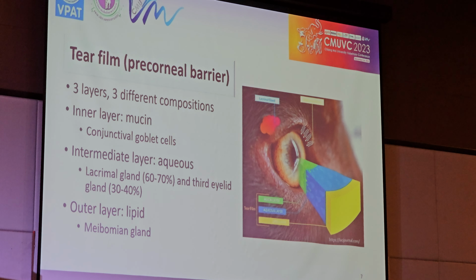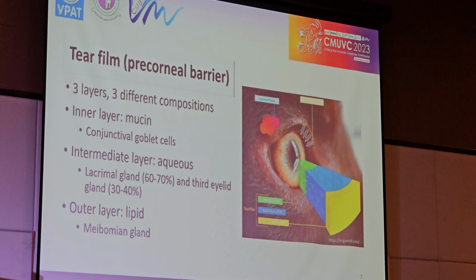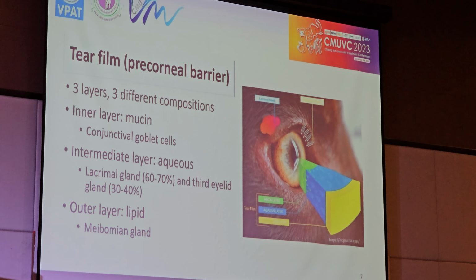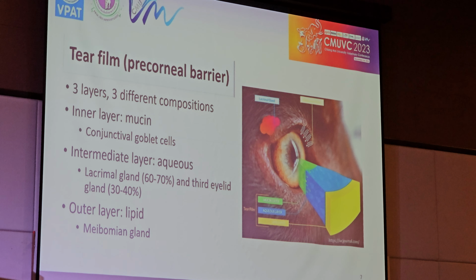It contains the necessary water and nutrients to nourish the eye, of which approximately 60 to 70% is produced by the lacrimal gland, and the rest is from the eyelid gland. And the last one is the outer lipid layer, which is produced by the meibomian glands. This layer prevents the evaporation of the tears.